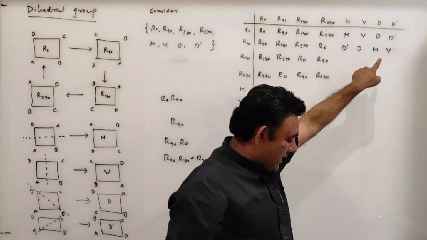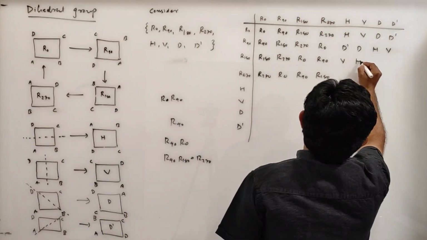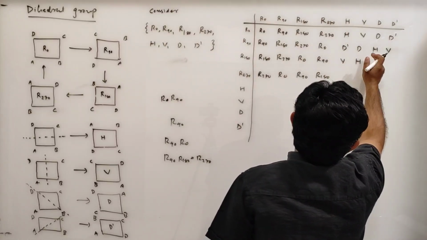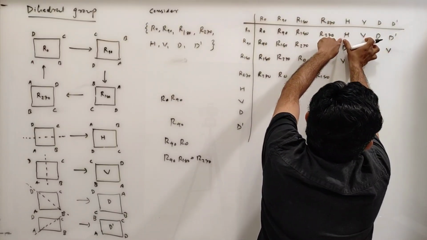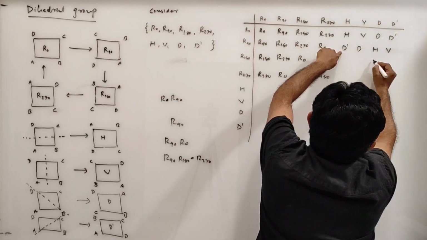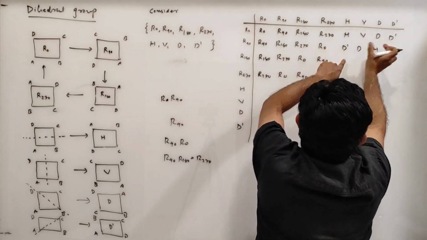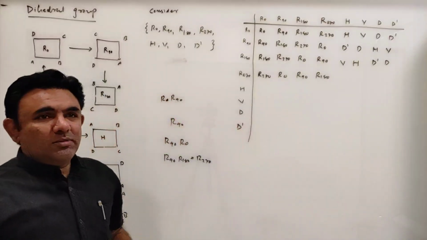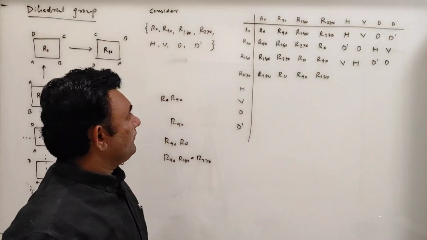So it is D dash D H V, then this will be VH, these two will be here VH, and see here what I get, HV, these two elements here. So here I get these two elements, D dash and D, and D dash in reverse position. So here VH. This is just to remember, but we are not going to memorize this. It is just for understanding this idea.